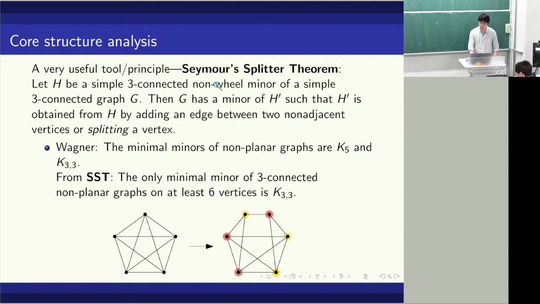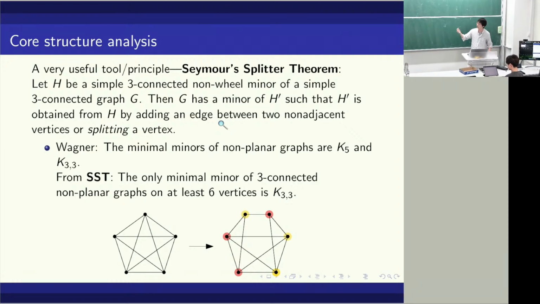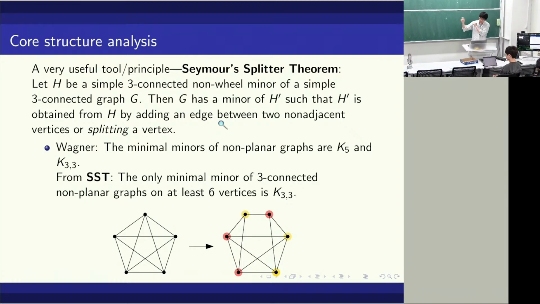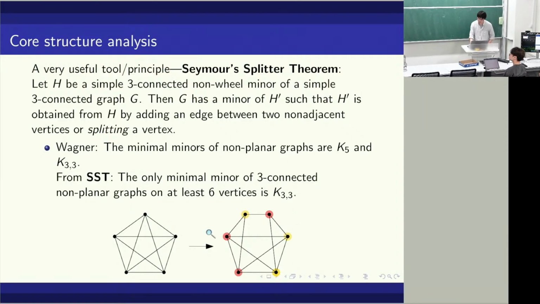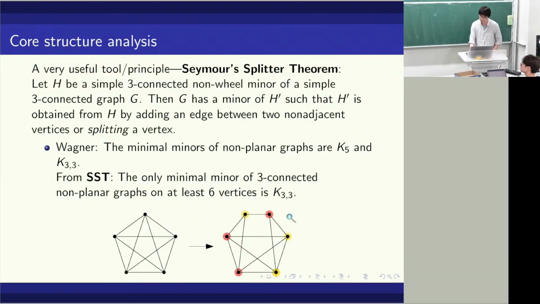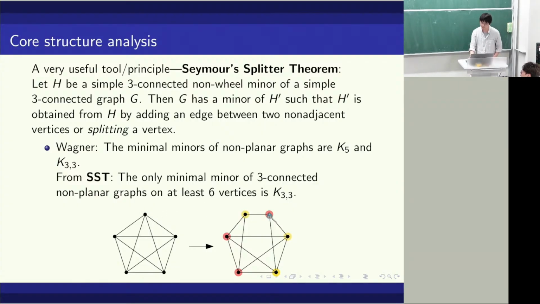So by the seminal splitter theorem, you can obtain a larger minor by adding an edge between 2 non-adjacent vertices, or you split a vertex. But in K5 there is no way to add an edge between 2 non-adjacent vertices, which means that we have this graph as a minor, which is obtained from K5 by splitting one vertex, and there is only one way to do that because of the symmetry of K5.